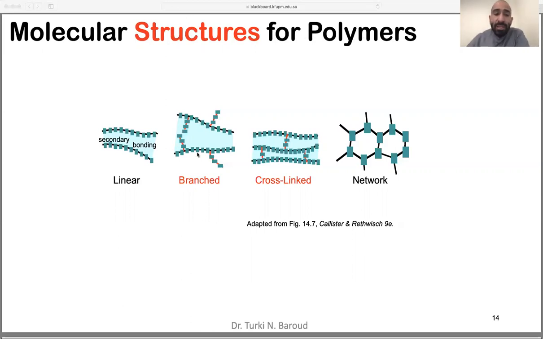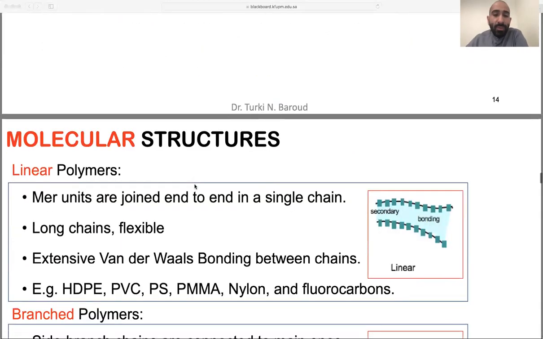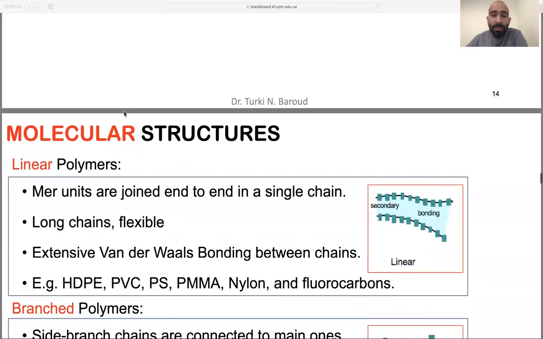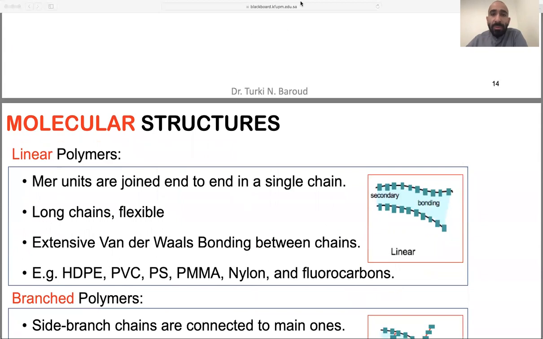Okay, great. So let's dig a little bit deeper. If you look at the linear polymer over here, what's happening is you get this single chain where each mer is covalently bonded to another mer. Each green color over here represents a mer.